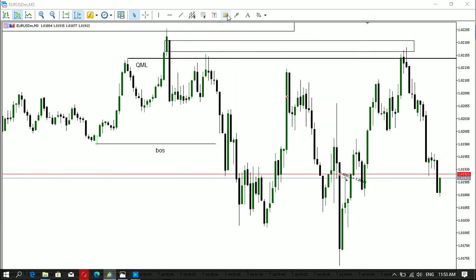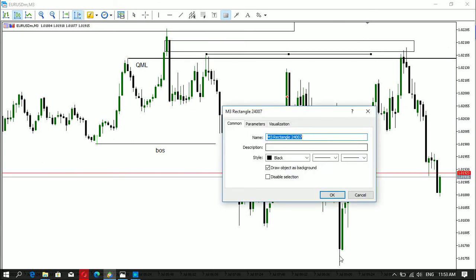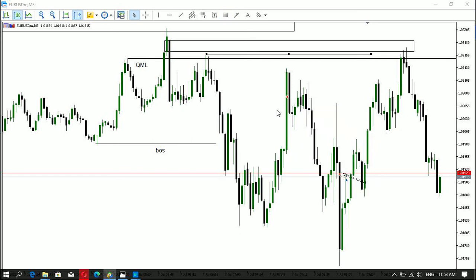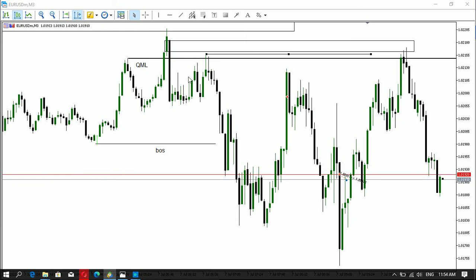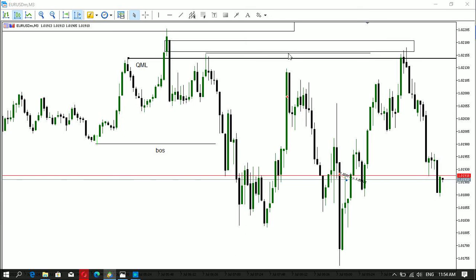And looking at this here, I can see that this here is an inducement. It's an inducement. There's a fake high that was created to convince smart money traders that that is a high. But it did not even tap into our order block.